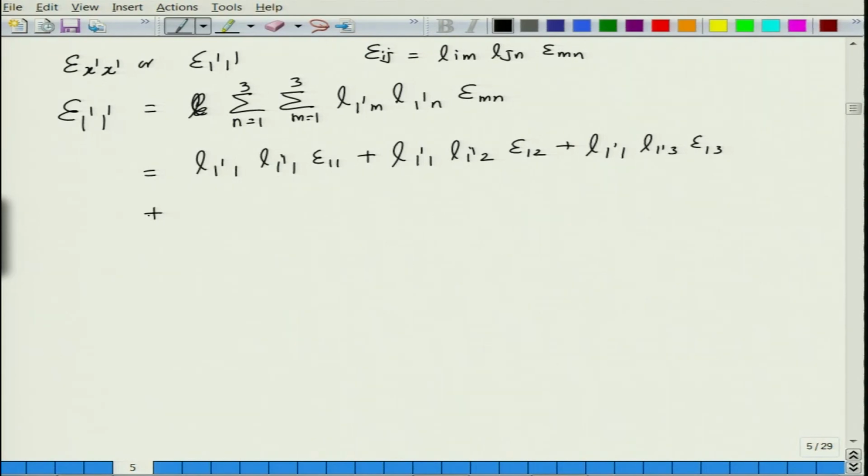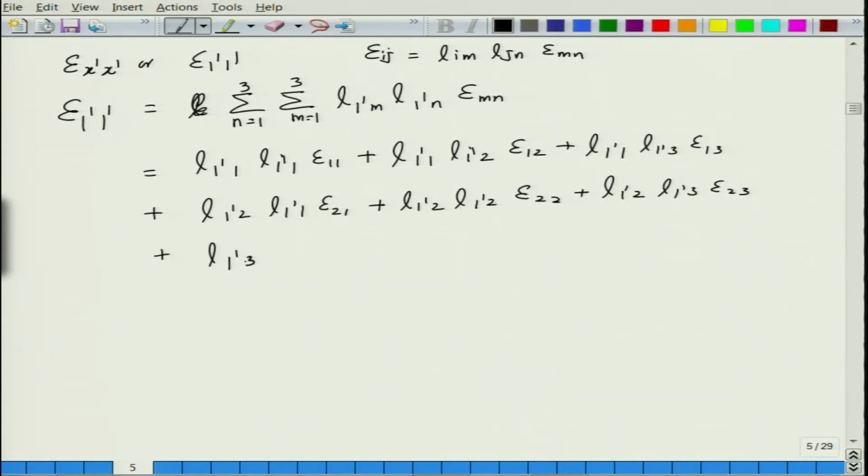The next one will be L 1 prime 2, L 1 prime 1 epsilon 2 1 plus L 1 prime 2, L 1 prime 2 epsilon 2 2 plus L 1 prime 2, L 1 prime 3 epsilon 2 3, and this will be L 1 prime 3, L 1 prime 1 epsilon 3 1.